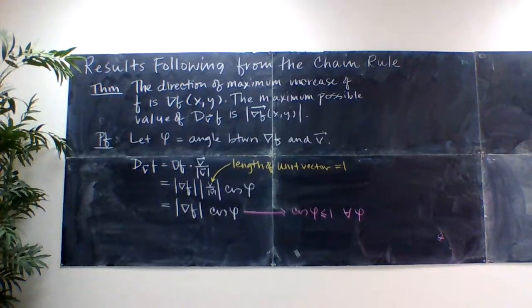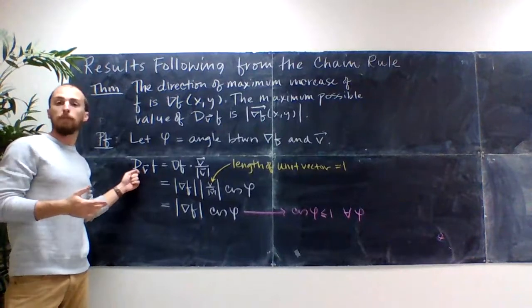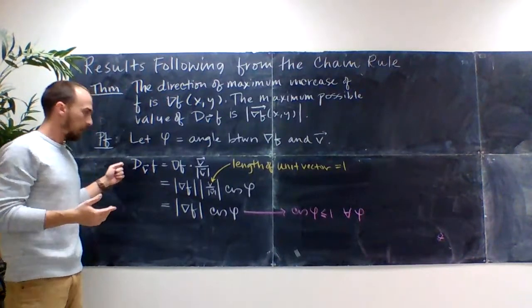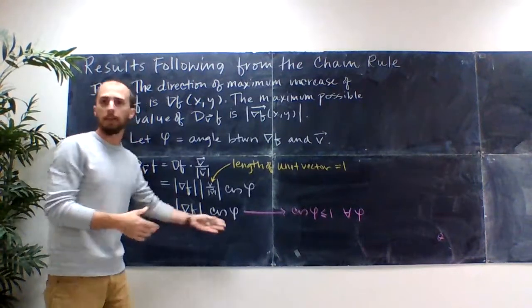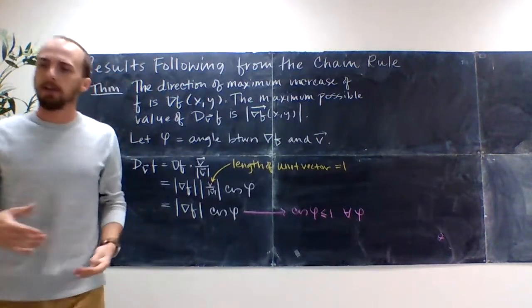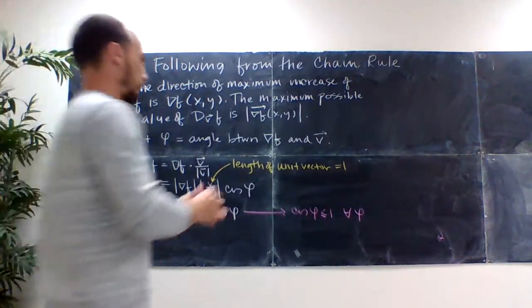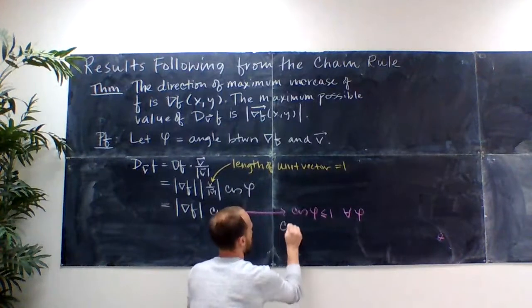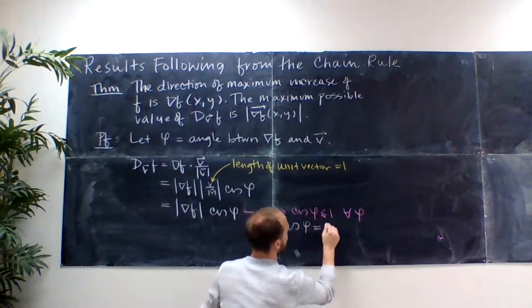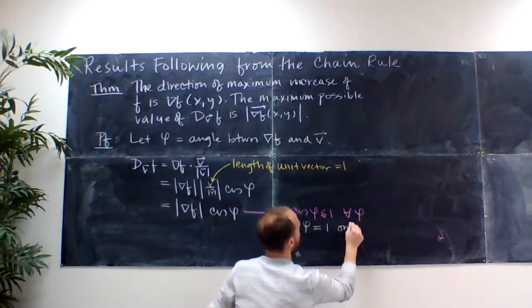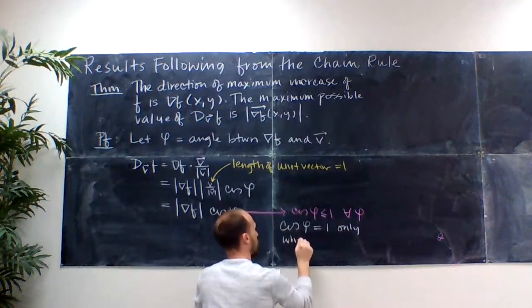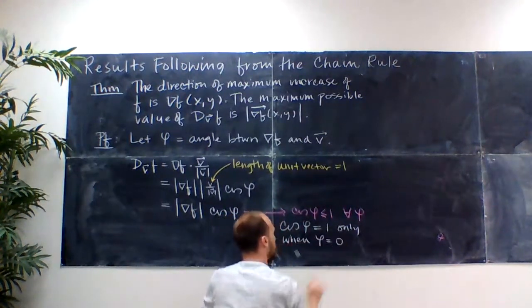Now, the direction of maximum increase, the direction that maximizes the directional derivative, is going to happen where we get that maximum value. And we know that cosine of phi is equal to 1 only when phi is equal to 0.